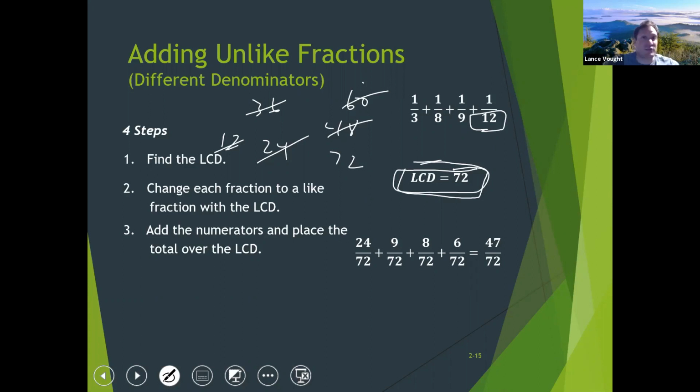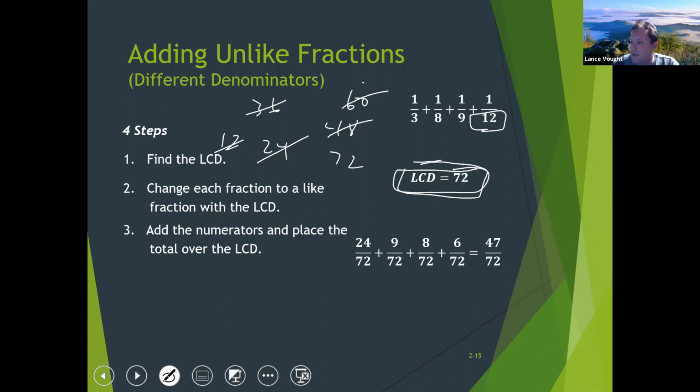So sometimes there's no cool, awesome rule for it. It's literally just, okay, these are all simplified, so we go by increments of the largest denominator until all of them are divisible into it. Now that we know 72 is the least common denominator, we need to scale these up to 72.